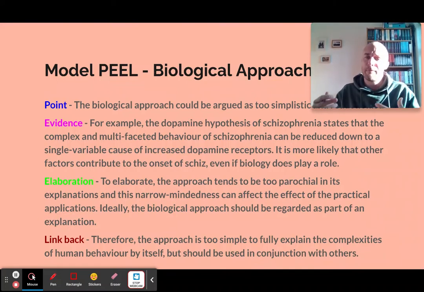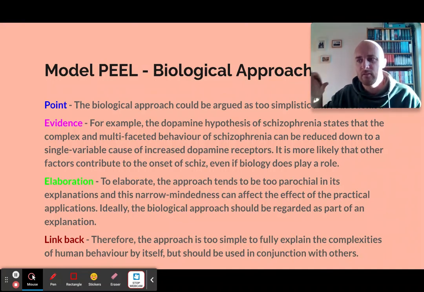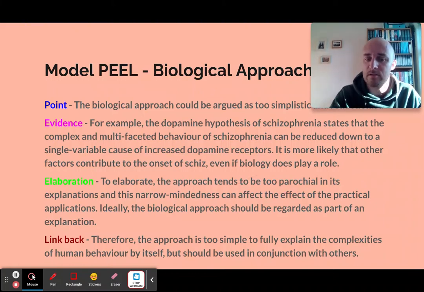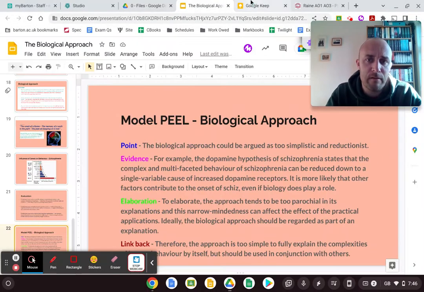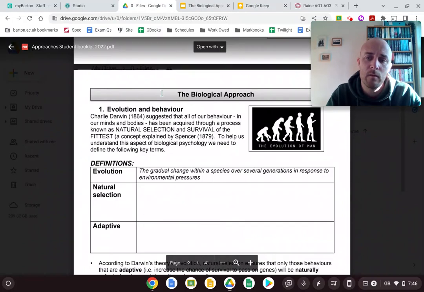So if you're saying that schizophrenia is caused entirely by dopamine and just dopamine, nothing else, no parenting, no nothing, and the drugs are geared towards fixing that dopamine, they're only fixing a tiny part of the problem, right? So that's what is meant by being too parochial. That was a very, very brief run through in terms of the biological approach.